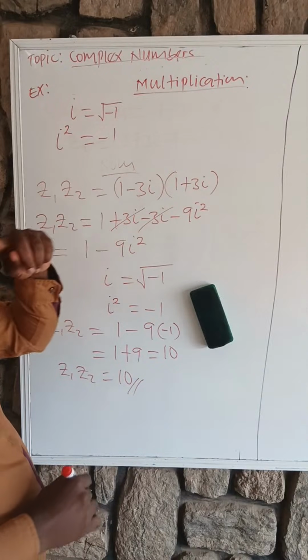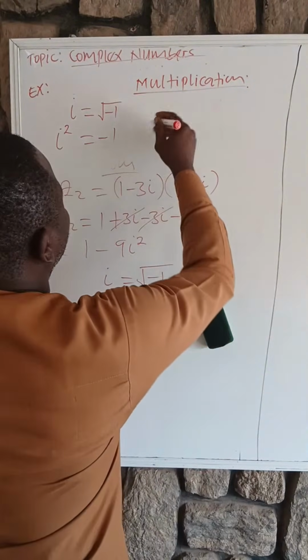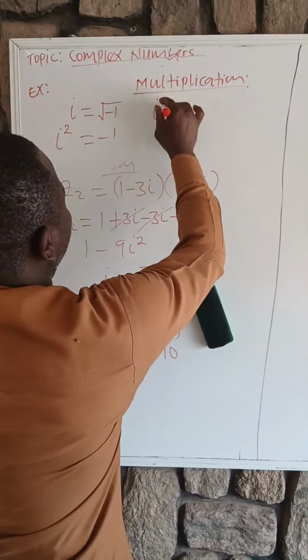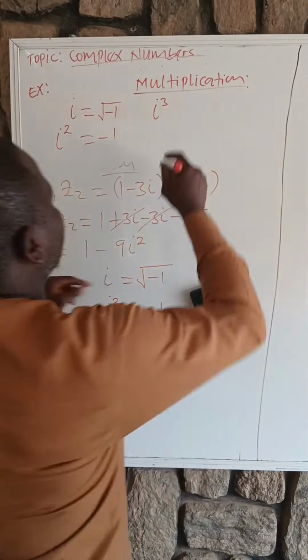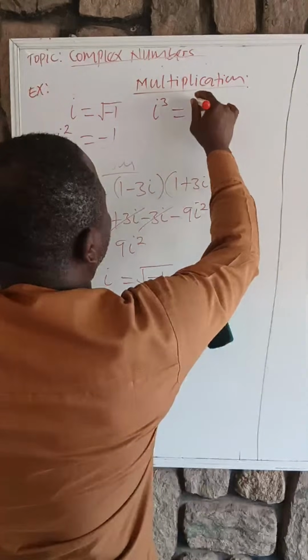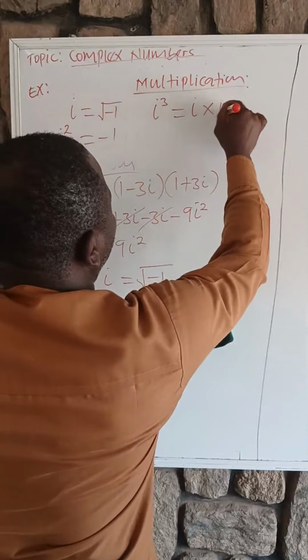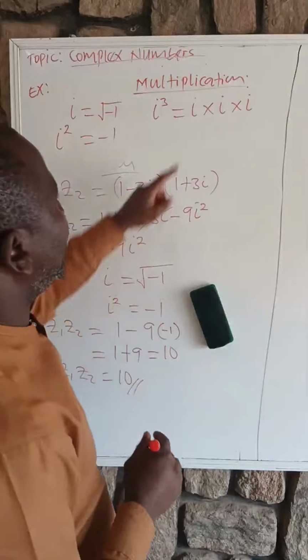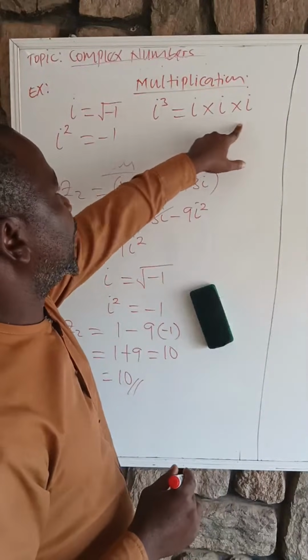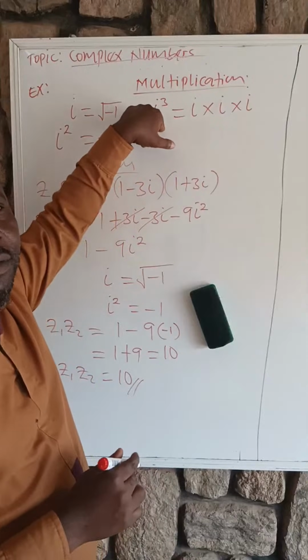True or false? Then at the same time, if we are to simplify i raised to power 3, we apply indices here. Note that we can rewrite this in this form times this. i times i squared is i raised to the power of 3.